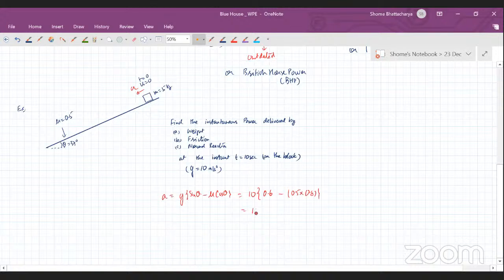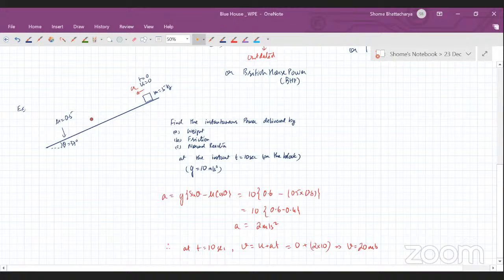So it will be 2 meters per second square. That is the acceleration. So therefore, at t equal to 10 seconds, the instantaneous velocity will be 20 meters per second. So now we know that at t equal to 10 seconds, the block is somewhere here and its instantaneous velocity is 20 meters per second.